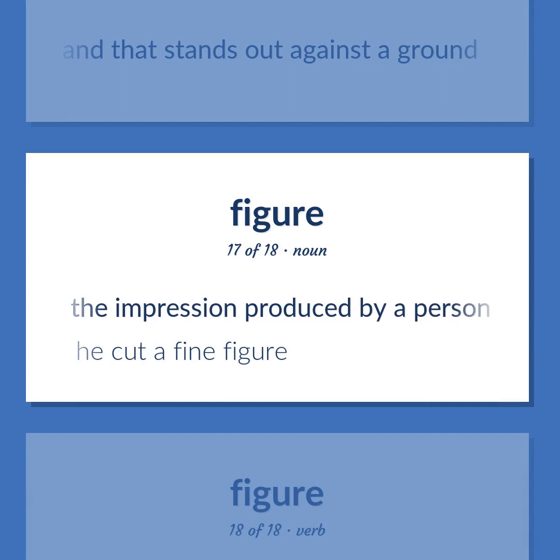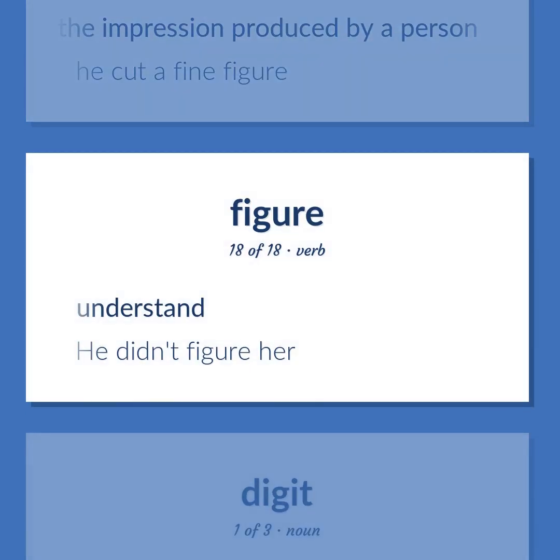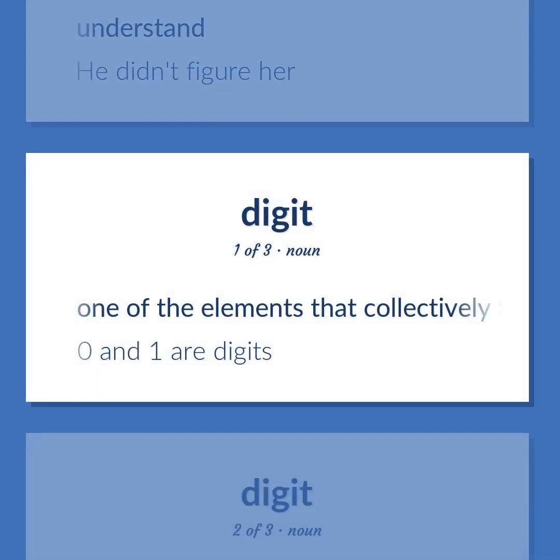The impression produced by a person. He cut a fine figure. Understand. He didn't figure her. One of the elements that collectively form a system of numeration. 0 and 1 are digits.